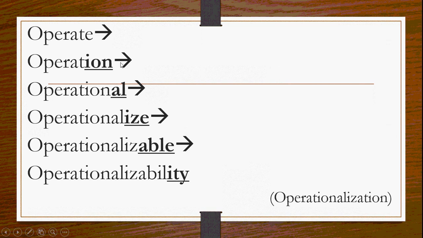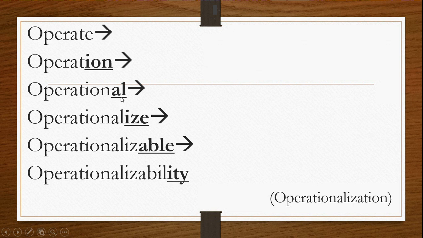Okay, this is what I mean when we say that derivation is recursive, all right? We can begin with the same root, operate, right? From this root, we can add this suffix ion or shun, whatever, those two are okay. Then we get operation. Then we can take operation and we can add al, which is a suffix that creates adjectives, and we can create operational.